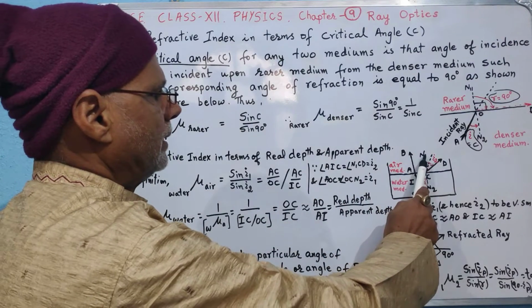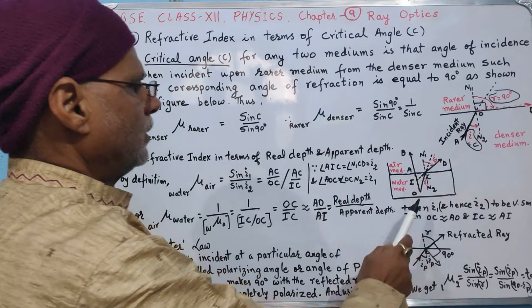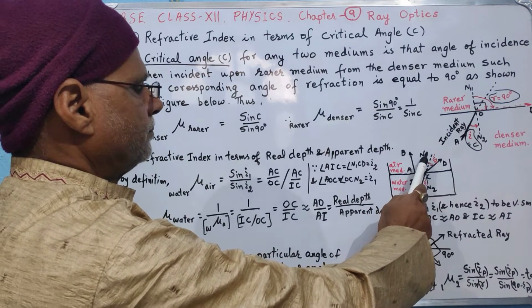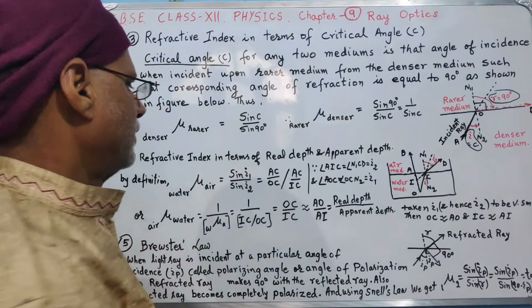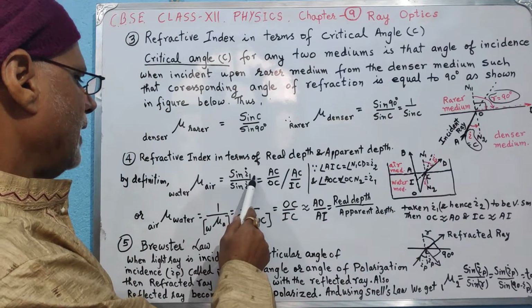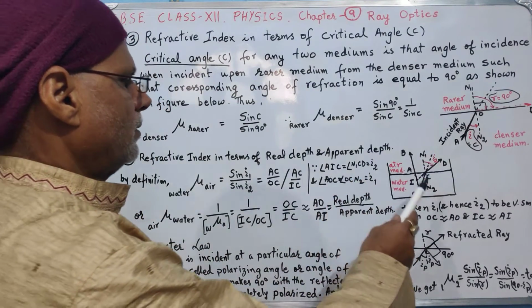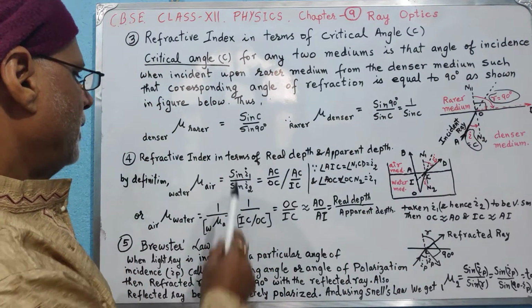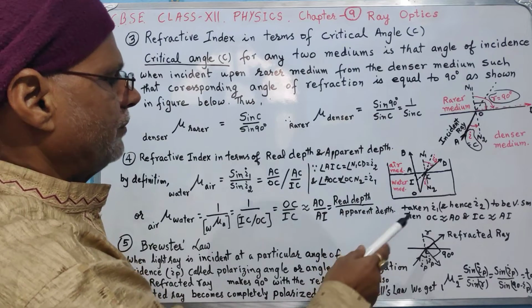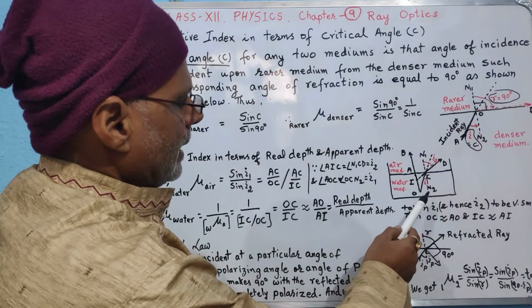This is second medium and this is first medium. So refractive index of second medium, that is air, with respect to water, that is first medium, is equal to sin I1 by sin I2.